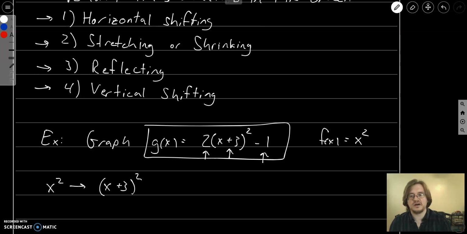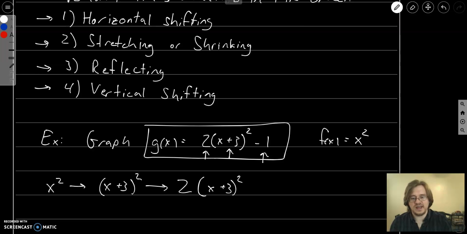Next, we need to look at any circumstances where you have stretching or shrinking. And here, we're going to stretch vertically by a factor of 2. We're going to take all of the heights, and we're going to stretch them up by a factor of 2. And then reflecting, we reflect if we make x negative, or if we make the whole thing negative.